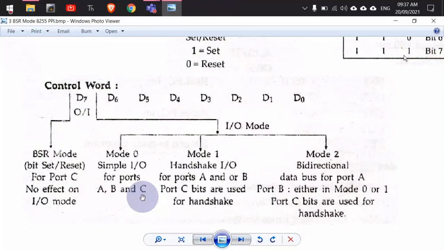And if the input output device is transferring the data to the processor, it will also not bother about any acknowledgement, right? So this is a simple input output port. And if you have a device which works at the same frequency at which the processor is working, then it is a useful mode, and it is applicable for A, B, and C all, right?